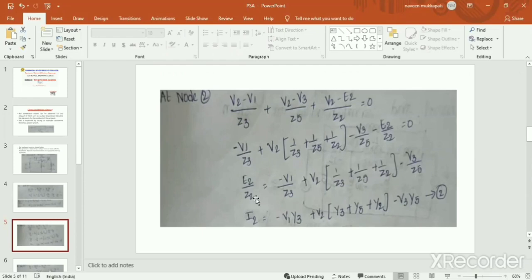Then 1 by Z3 is Y3, 1 by Z5 is Y5, and 1 by Z2 is Y2. So I2 is equal to minus V1 Y3 plus V2 into (Y3 plus Y5 plus Y2) minus V3 Y5. Understand? This is equation number 2.